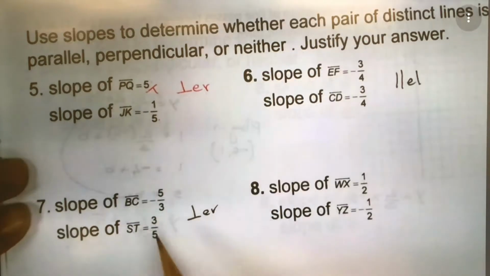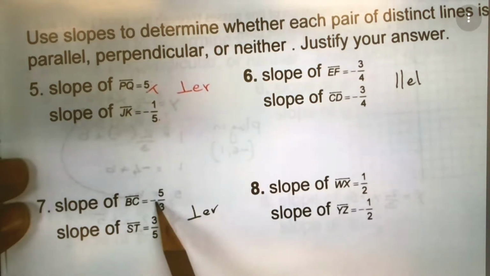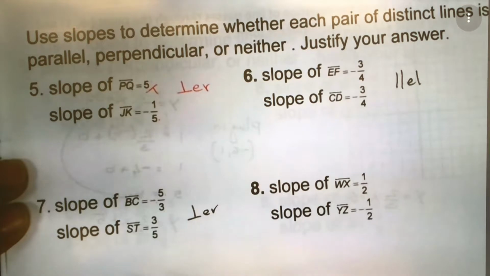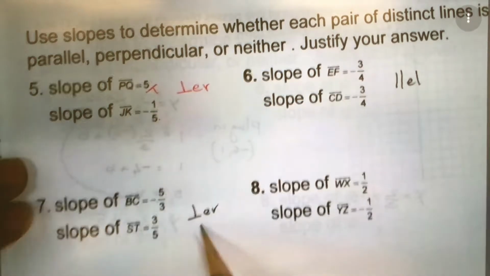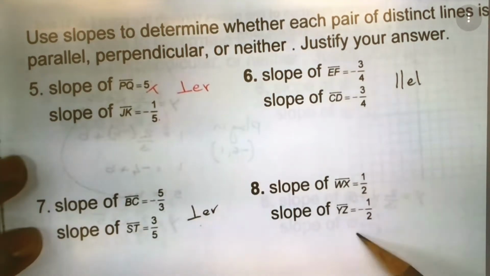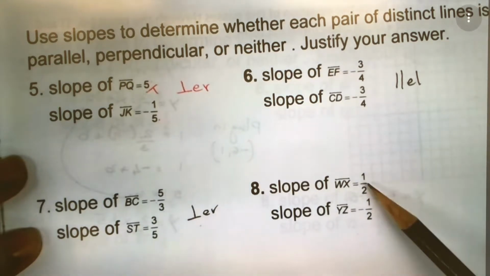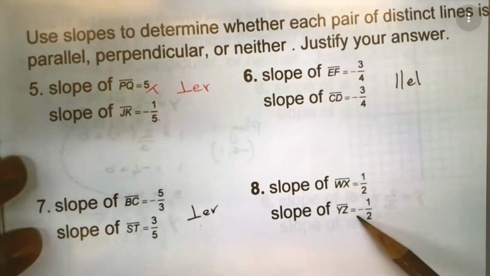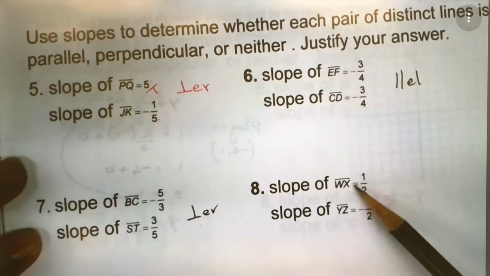The third one, when you look at this, the slope of one is positive and one is negative. They're opposite, and the numbers are flipped, so they are reciprocals. So the slopes are opposite reciprocals, and they are perpendicular. And the last one, the slopes are opposite, one is positive and one is negative, but they are the same numbers.